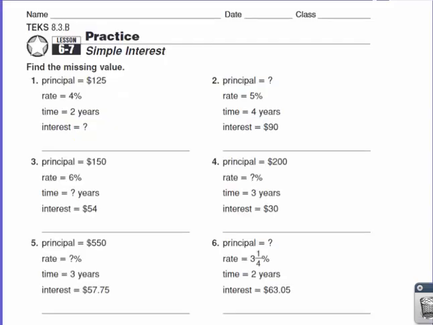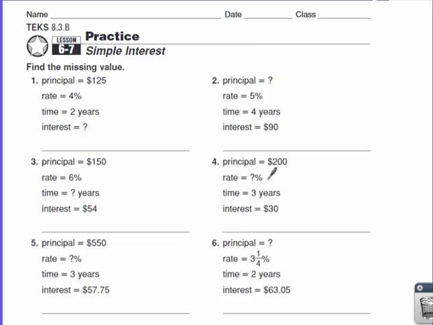Now if you notice on number 2, the principal's missing, and we know the other 3. On number 3, the time is missing, and we know the other 3. On number 4, the rate is missing, and notice it wants it as a percentage. So you're going to get a decimal as an answer, and we have to calculate it as a percent.